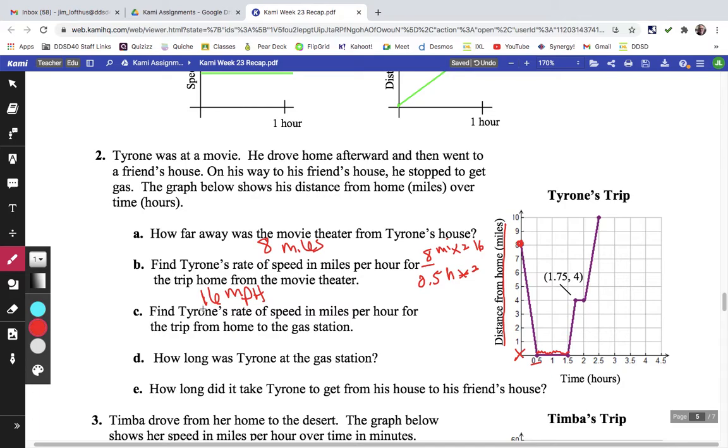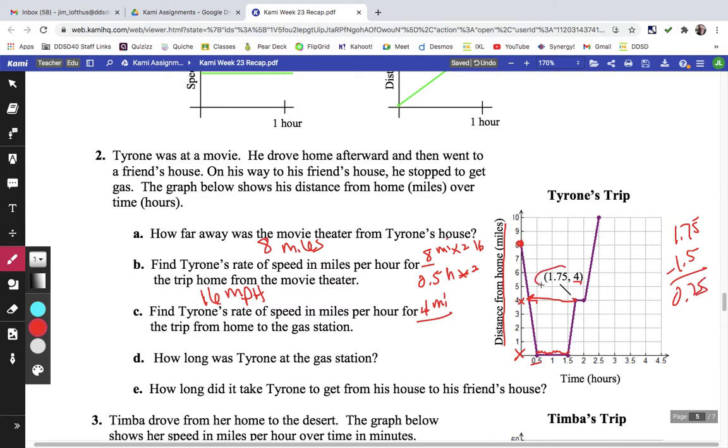But then it says, what's his rate of speed from home to the gas station? So the gas station is 4 miles away. And we can look right over here at this 4, and it points right to it like that, looking in that direction. So we went 4 miles and took 15 minutes. 1.75 minus 1.5 is 0.25.